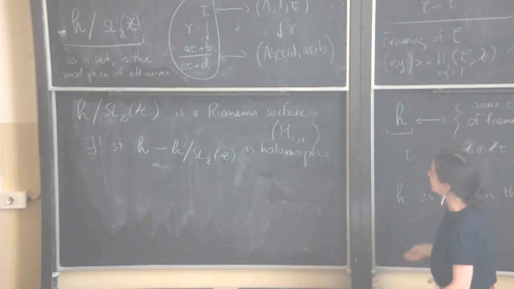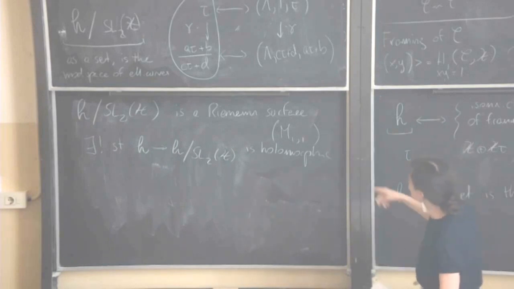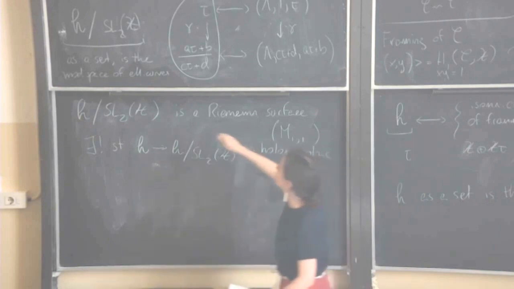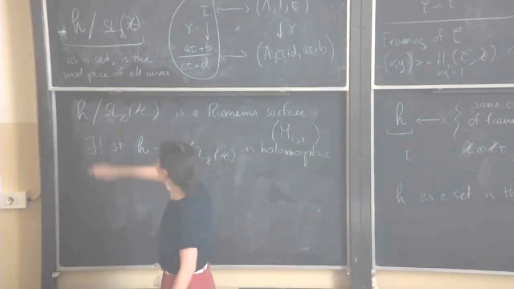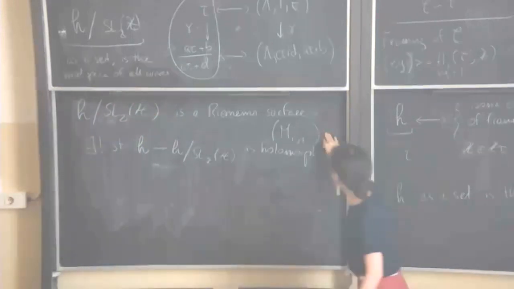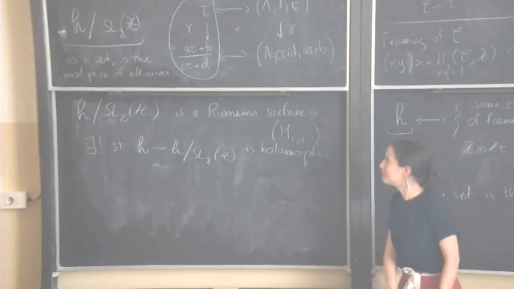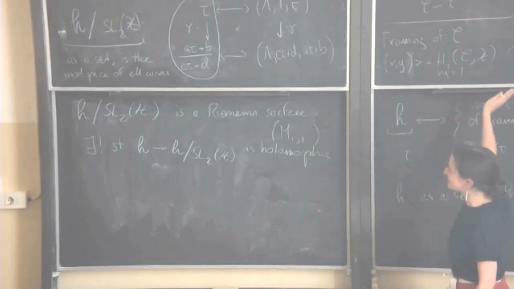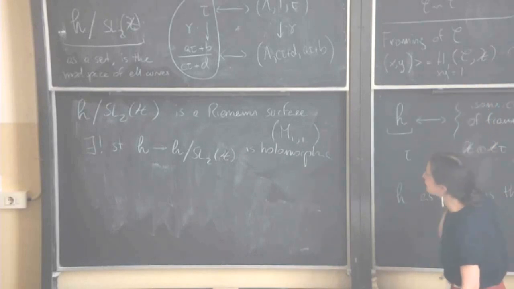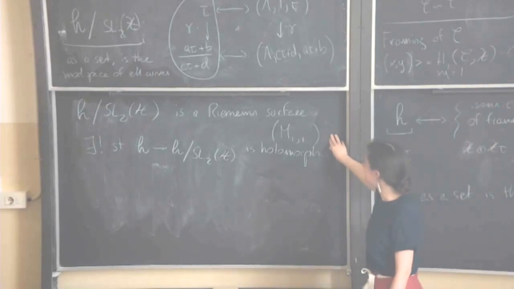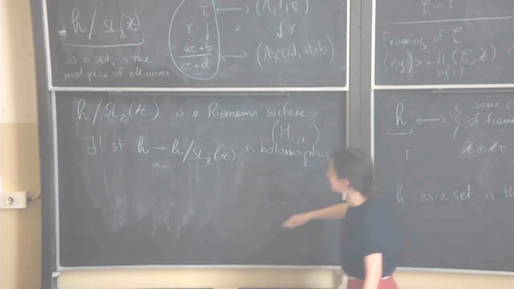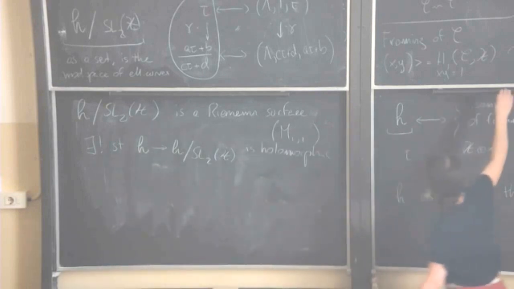Which is really nice, because our object has more structure over it. But now we will go back to framing in a second, because this does not behave well under the conditions.